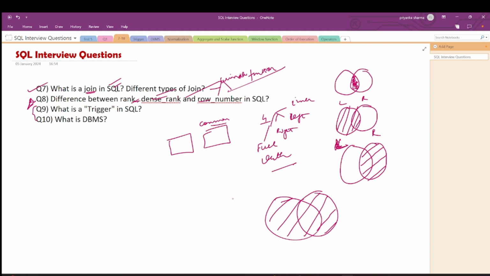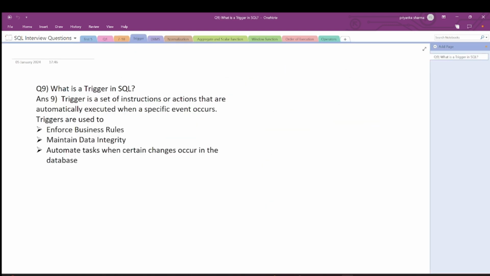what is a trigger? Now, trigger is an advanced type of query, but let's just have a glimpse of what a trigger is. A trigger is a set of instructions or actions that are automatically executed when certain specific events occur.